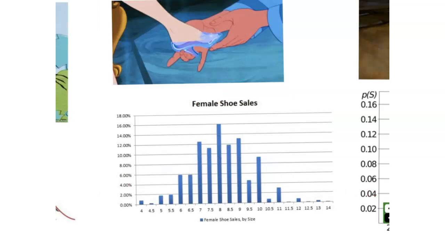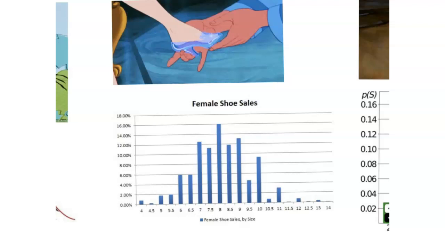Here's another example: female shoe sales. So this was a data collection of, of course, the shoe sizes of females. As you can see, we have the shoe size of a size 4 all the way up to a size 14. Now think about it. The women that you know in your life, some of them have really, really tiny feet.